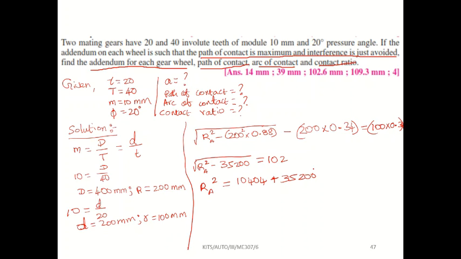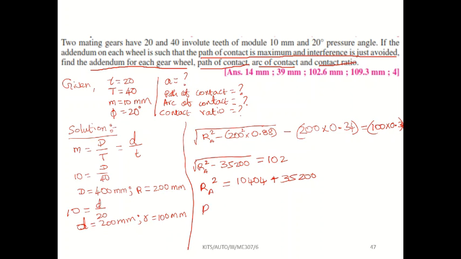So add it, plus 35200. We get 45604. So R_a square is 45604. Root of 45604 is 213.